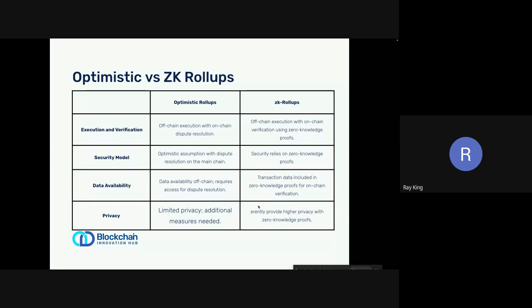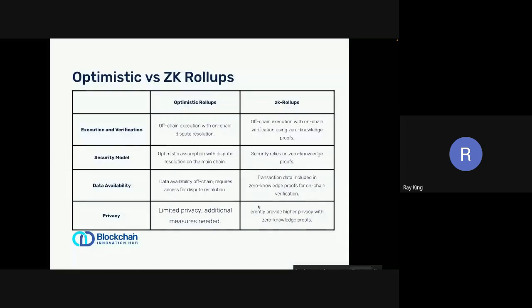So whenever the on-chain wants to resolve a dispute, it needs access to the off-chain, because that's where the data is available. That's for optimistic. For ZK, the transaction data is included in the zero knowledge proofs for on-chain verification. So instead of going to the off-chain to access the data, it is included in the proofs being sent to the on-chain.